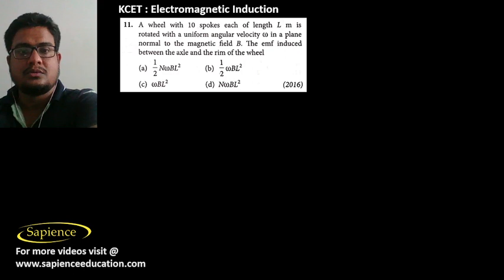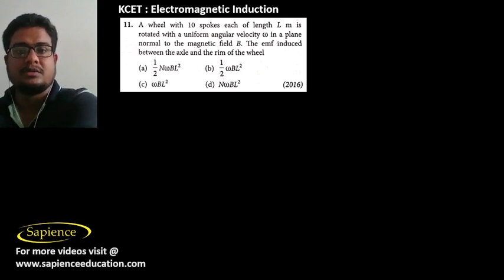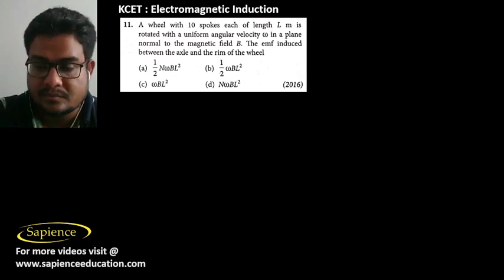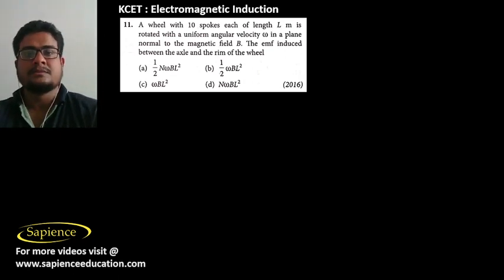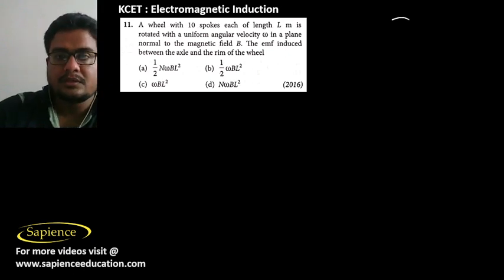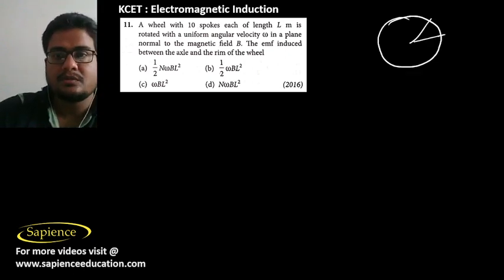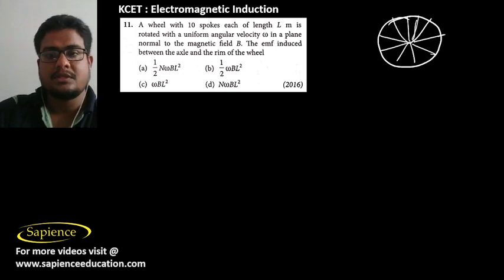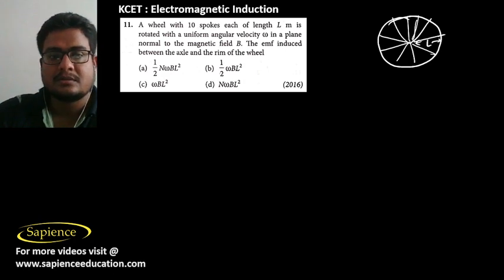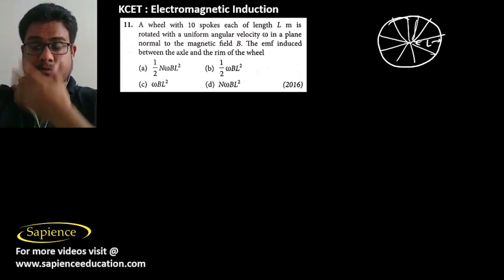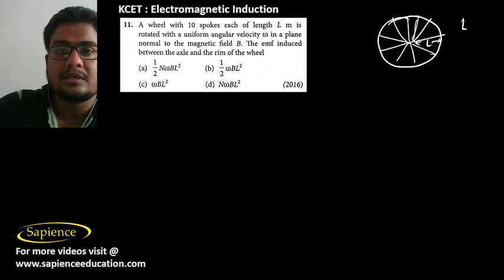Question number 11. It is told a wheel with 10 spokes, each of length L meter, is rotated with a uniform angular velocity omega. The wheel is there with 10 spokes, each having length L meters, rotated with a uniform angular velocity omega.